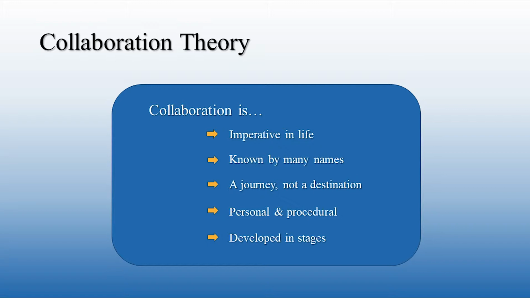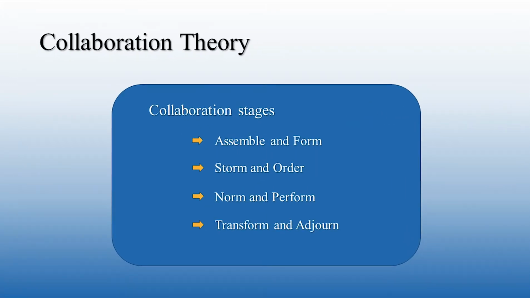In essence, what collaboration theory is saying is that by collaborating, individuals can share knowledge and assign tasks to achieve a common group goal. Let's take a closer look at the stages. First, assemble and form, where the initial vision and mission are discussed.